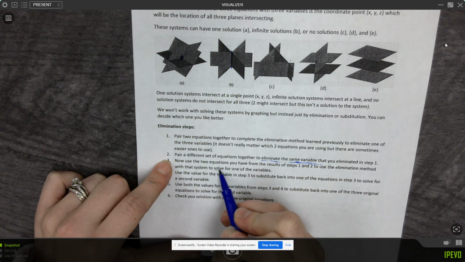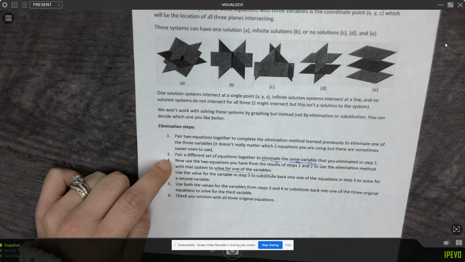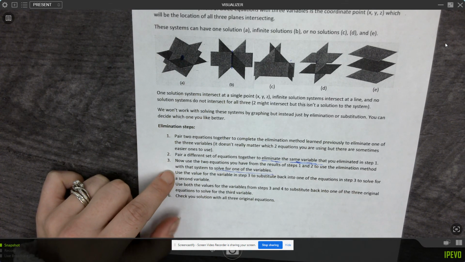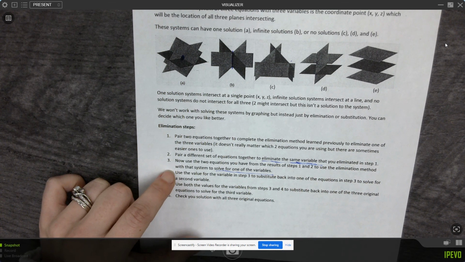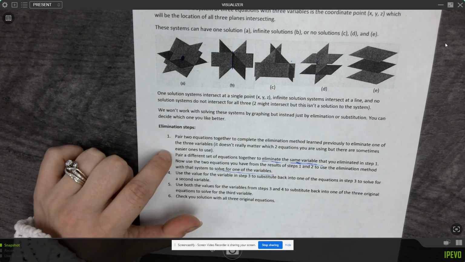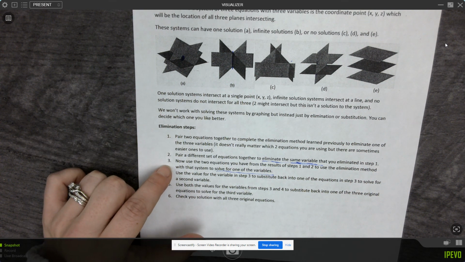So now you are going to solve for that variable. Solve for y. Once you have y, use that value for that variable and substitute it back into one of the equations you started with in step 3. So the equation you got from here or here that you used in your elimination in step 3.